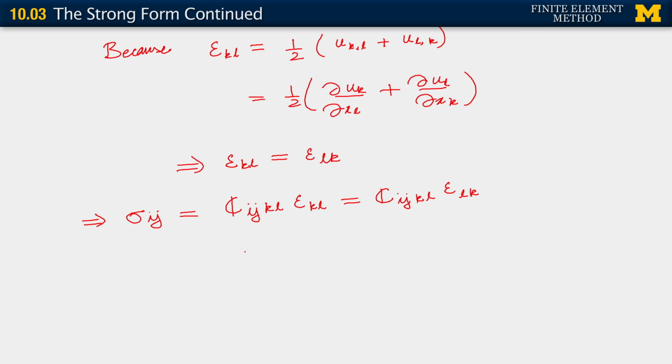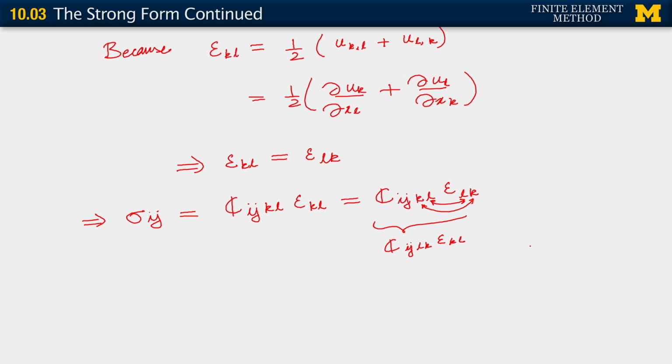Now, if you look at the order of the indices here, because of this contraction, and recognizing that l and k are just dummy indices, it follows that this last term can equally be written as C_ijlk epsilon_kl.